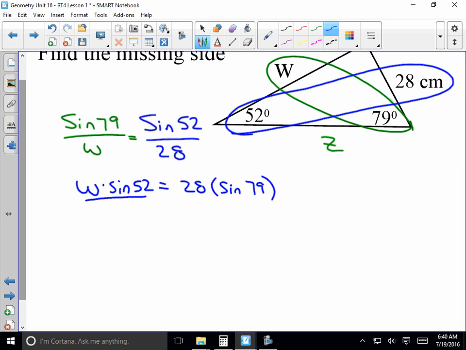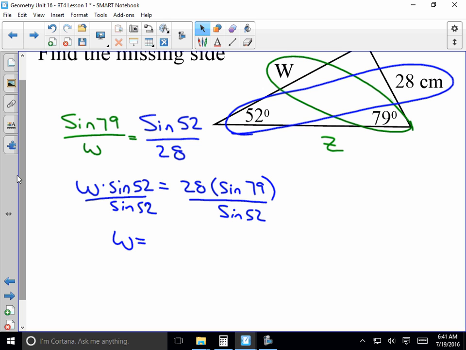To get W by itself, we're going to divide by the sine of 52, divide by the sine of 52, and we will get our answer for W. So we've got 28 times the sine of 79, and then we divide by the sine of 52. And we get 34.9 for the answer.